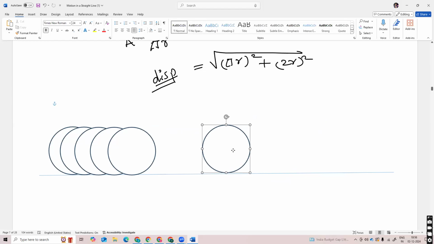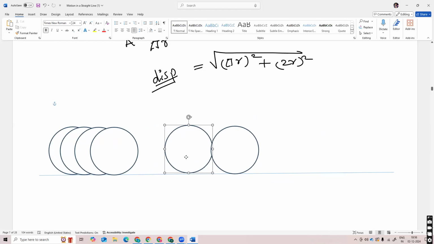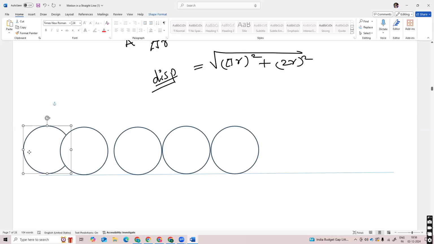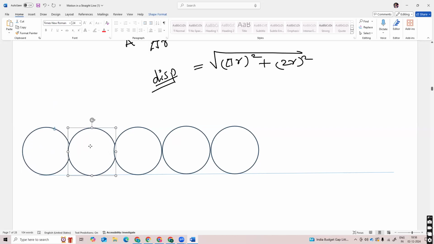Let's remove some of them. Okay, so let's say initially this is point A which is touching the surface or ground.